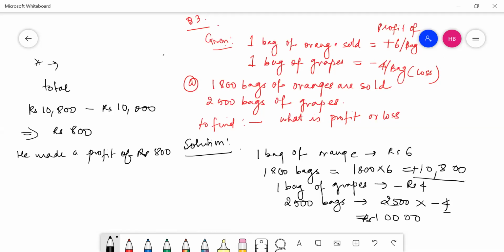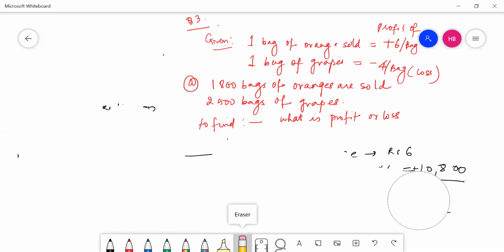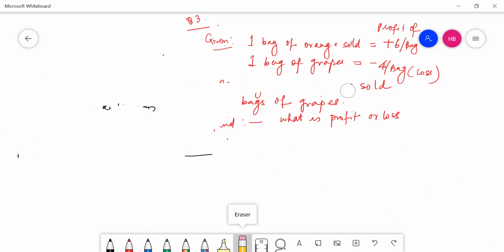Now let's see what the B part is. So let's remove this and let's see the B part. I'm just removing what is given here also.